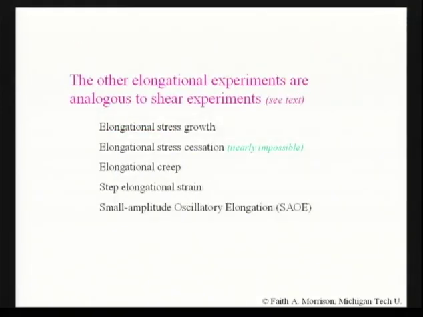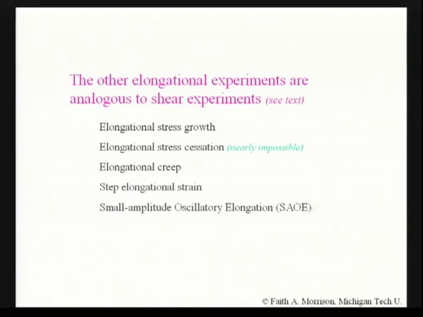All right, so we could keep going and do more examples of elongational stress growth, elongational stress cessation, elongational creep, but the plan is always the same. The kinematics are defined, the material functions are defined, and we can predict them using constitutive equations. There's even small amplitude oscillatory elongation.